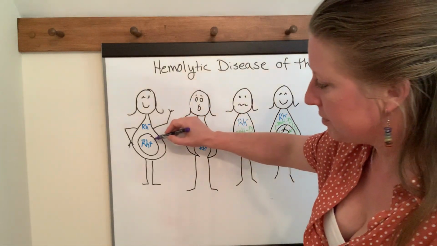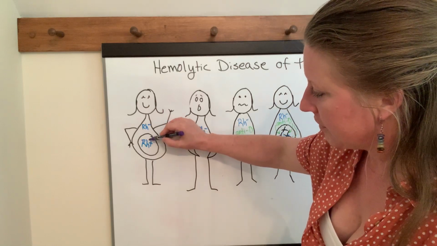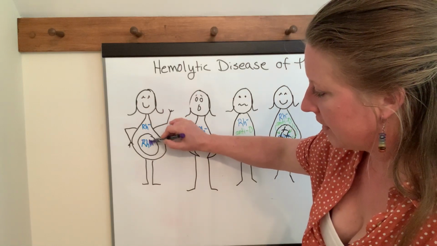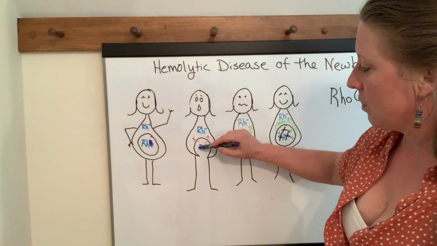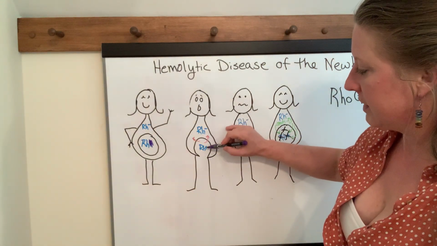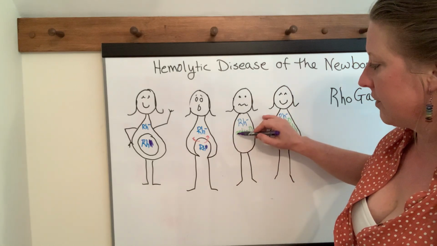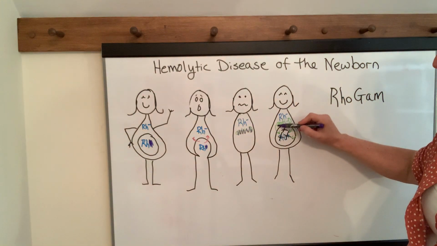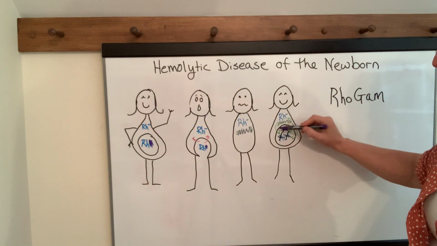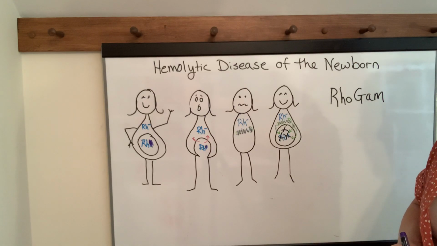So while mom is pregnant, this first time, they give her a shot of RhoGAM, and it covers up the D antigen. That means that when, during childbirth, blood is exchanged, the D antigen's not visible, therefore she doesn't make anti-D antibodies, and therefore during her second pregnancy, there are no anti-D antibodies to attack the developing fetus.